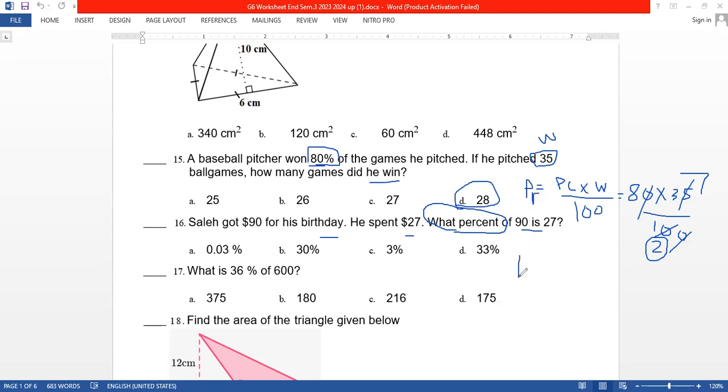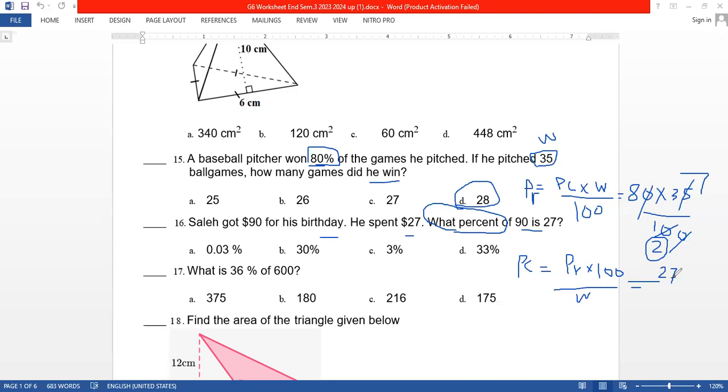Now, the rule of the percent: you multiply the part by 100 over the whole. You can do normal calculation, and you can simplify. The part is 27.